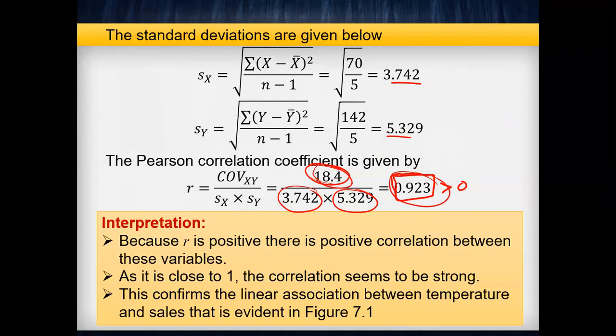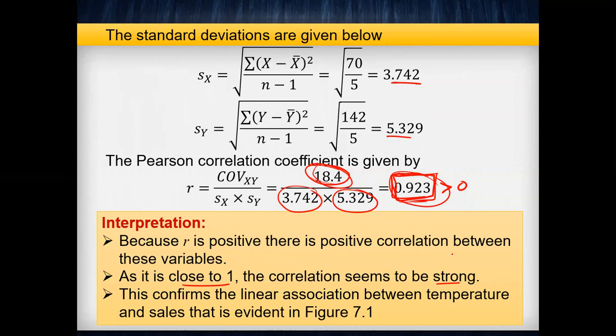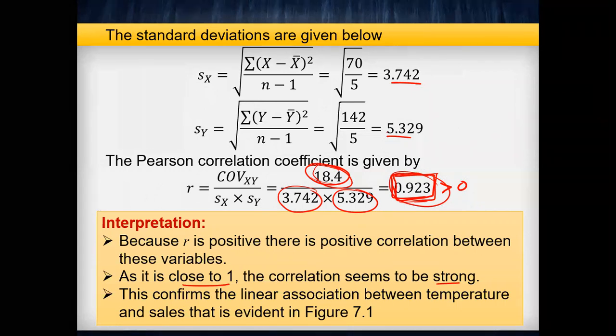The second thing it provides is the strength. If your answer is closer to 1, and you can see here 0.9 is close to 1, the correlation is strong.